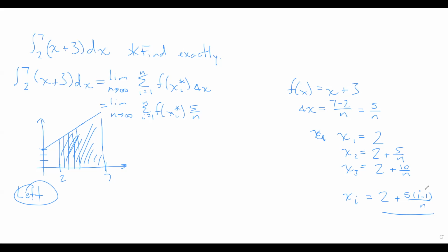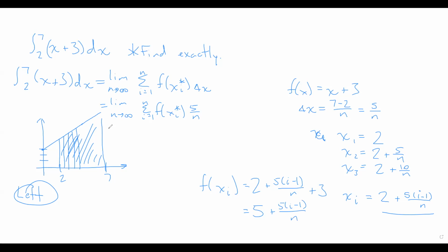Into the original x plus 3. Okay. So f of xi is going to be equal to 2 plus 5 times i minus 1 over n, plus 3, right? Which is 5 plus 5 times i minus 1 all over n.